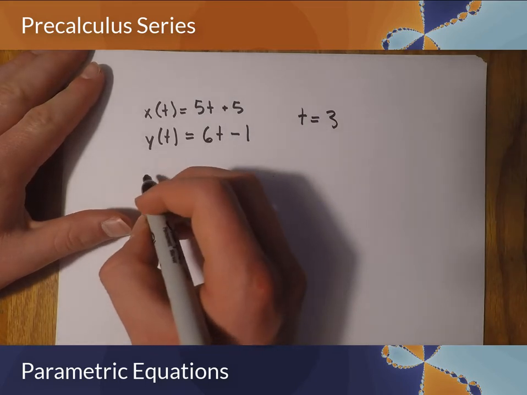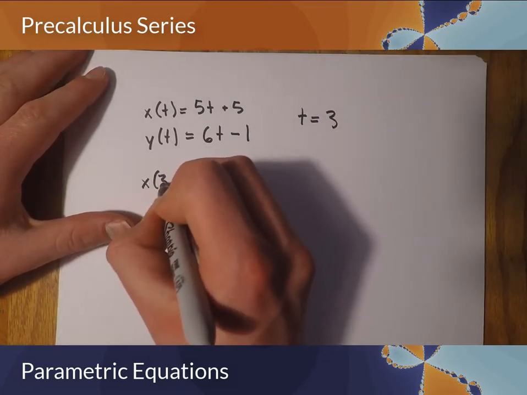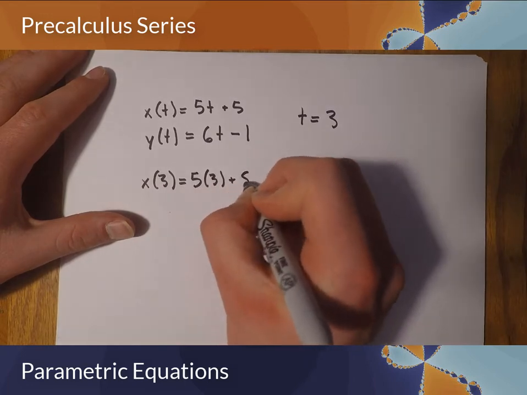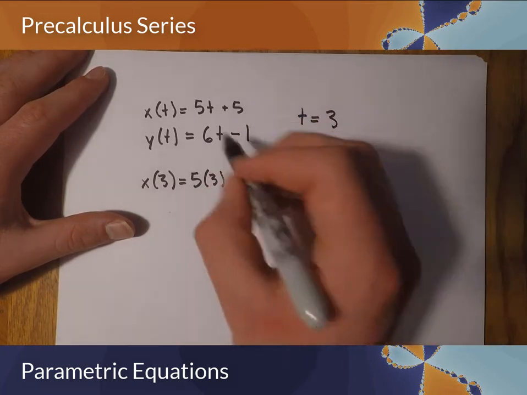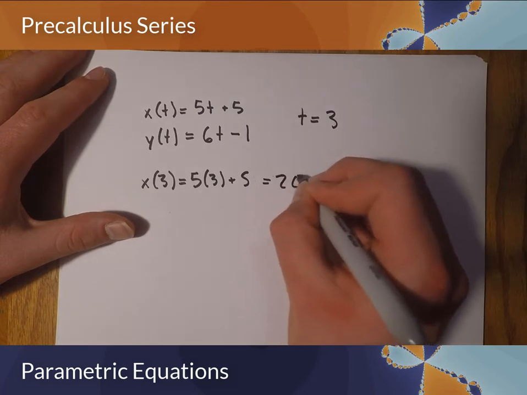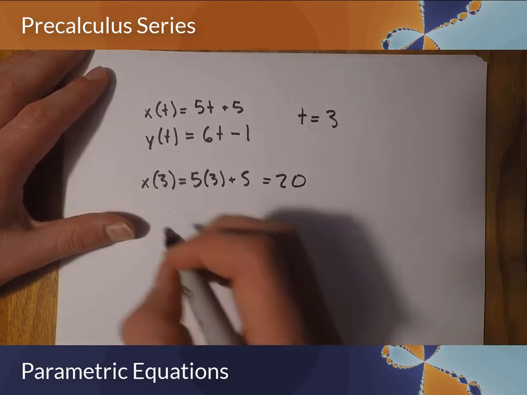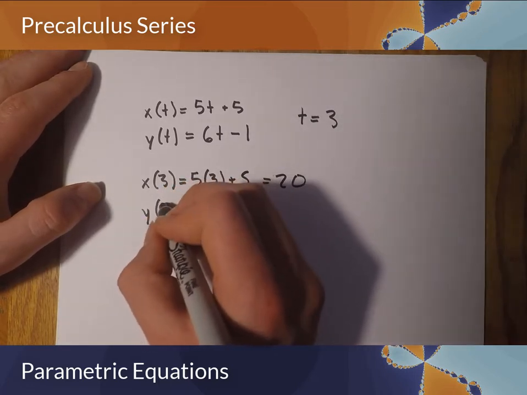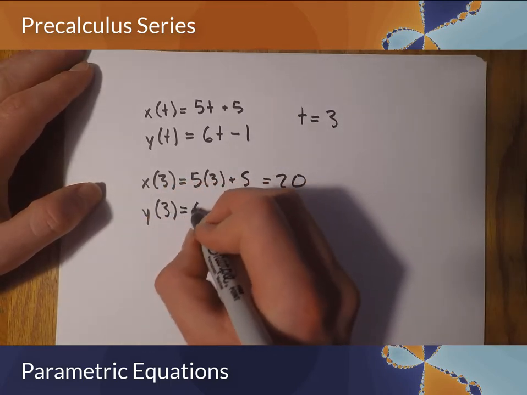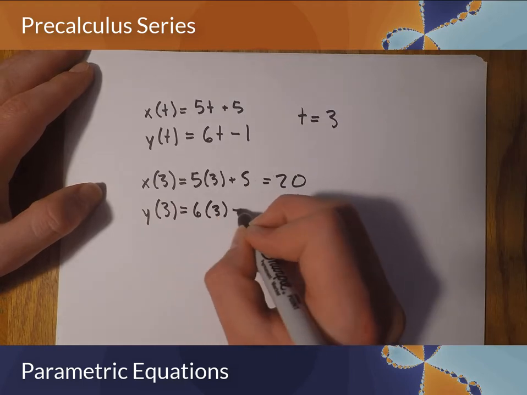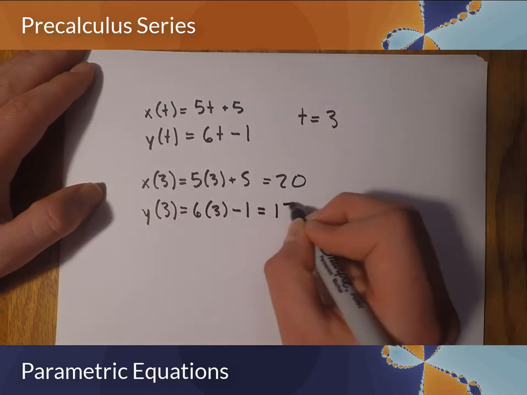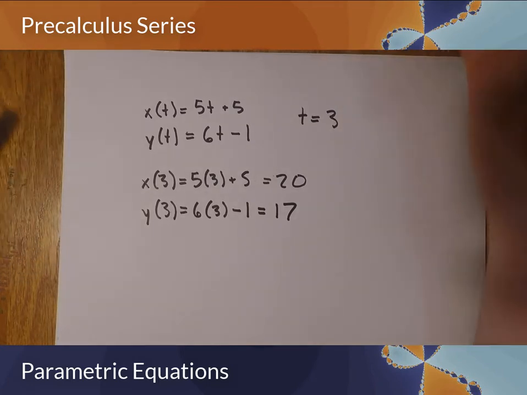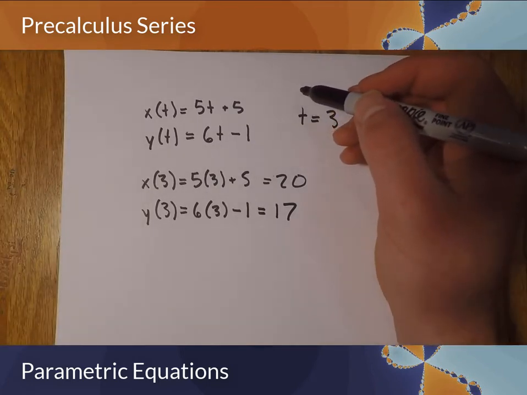To find the x component when t equals 3, so x of 3, that equals 20, because you're just subbing in 3 for t. So we know that it's 20 to the right of the origin. And then for the y component, we just sub in 3 in the y function, and we find that it's 17 units above the origin in the y direction.